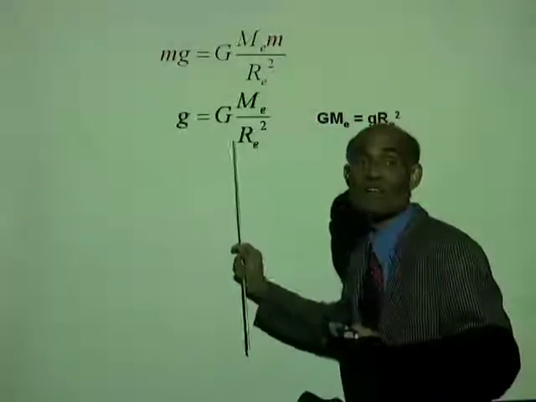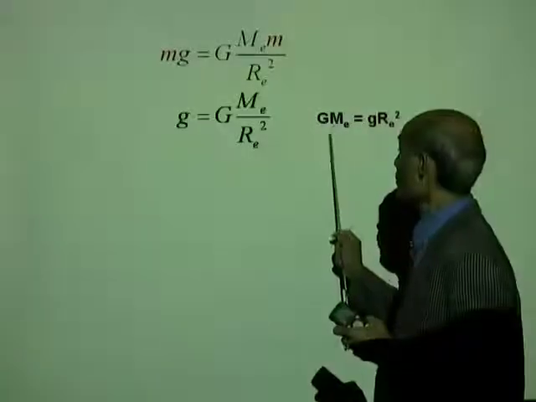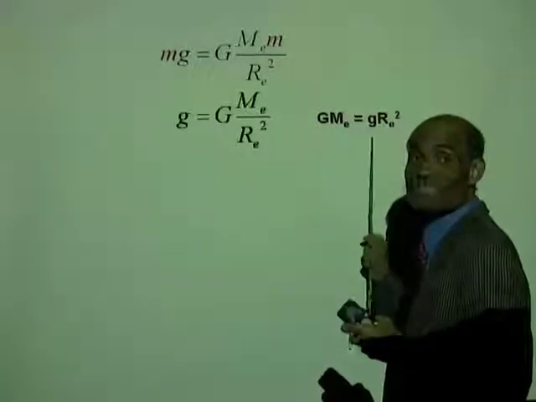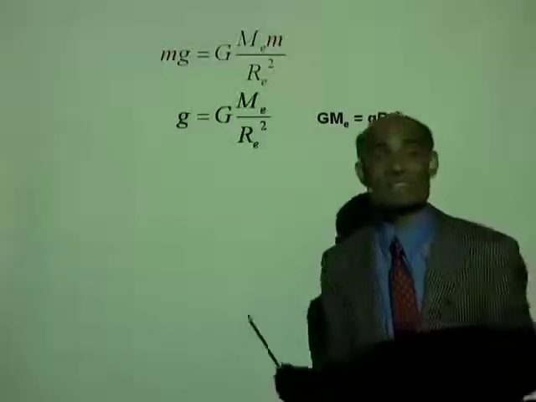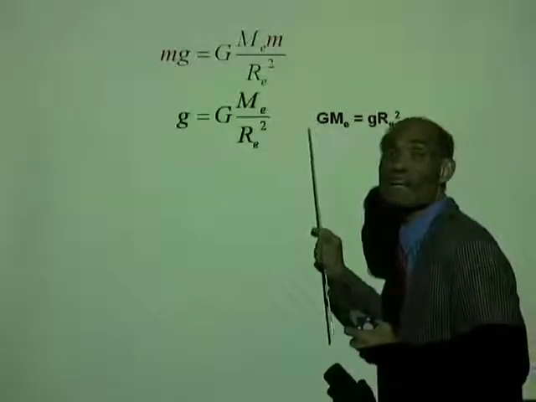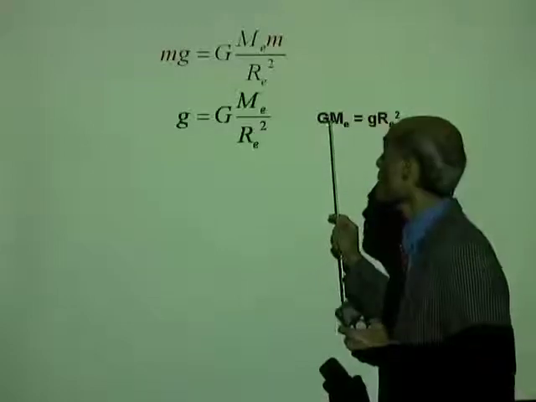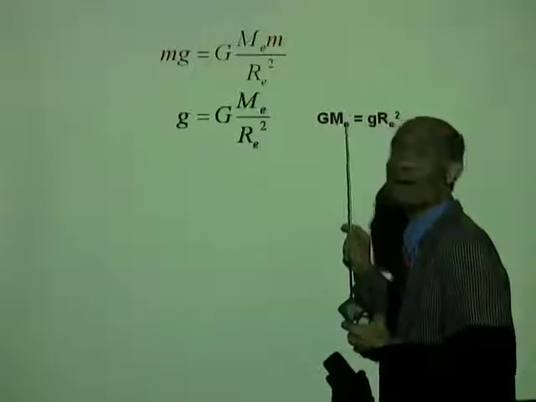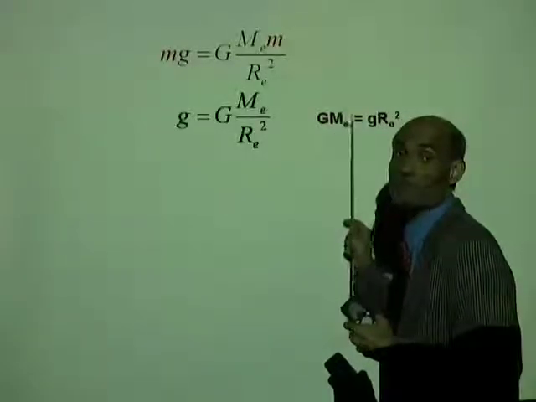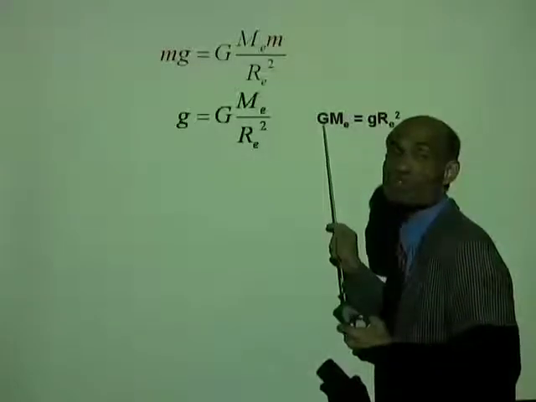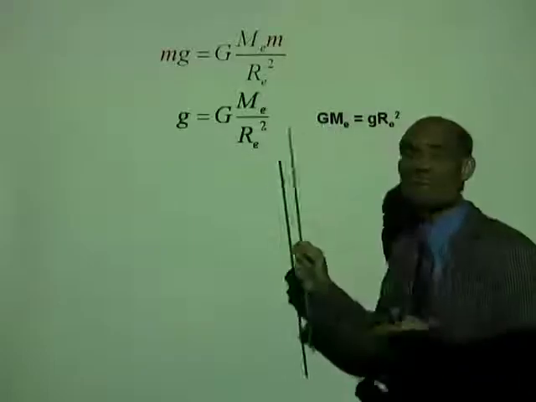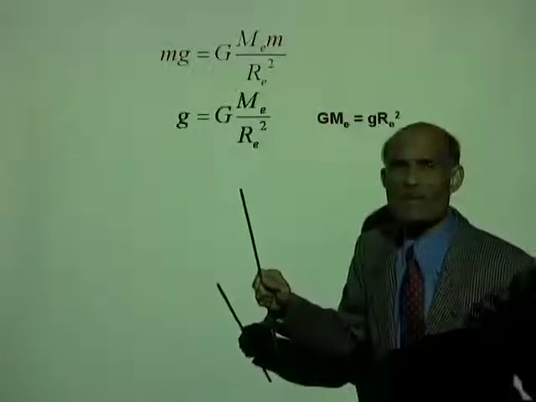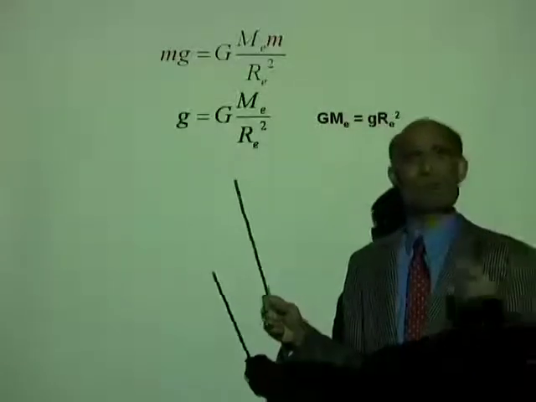Looking at that equation, the significance of this statement is that there are many places in this lesson where we may need the value of big G multiplied by M_E, the mass of the Earth times the universal gravitational constant. Now, these values are not very readily available for most of you unless you remember them.